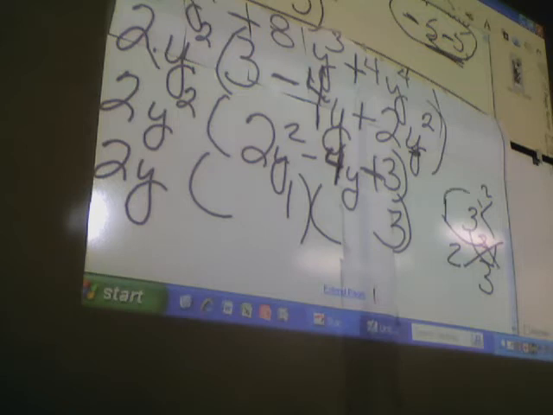So with this one, you do the first times the first is 1, 3 times 2 is 6. That doesn't add to give us a 4 either. So I guess we were done when we factored the 2y squared out, right? This part is prime. You cannot get it to where you get the 4 in the middle. So that would be your answer? Uh-huh. That's as far as you can go.